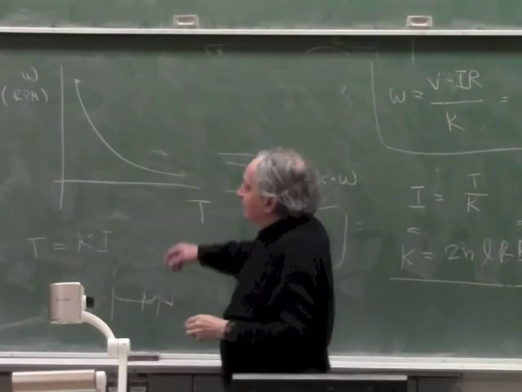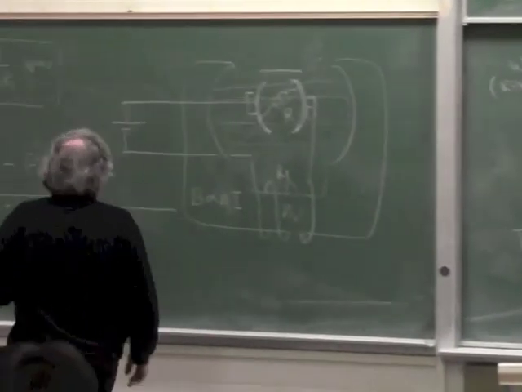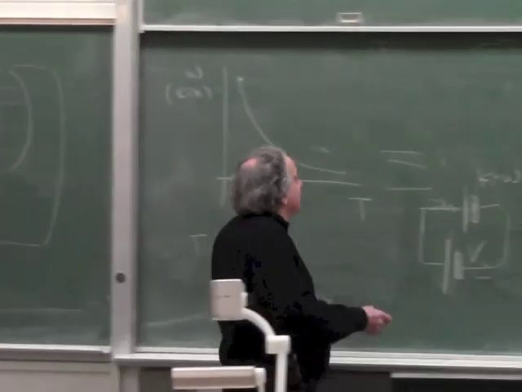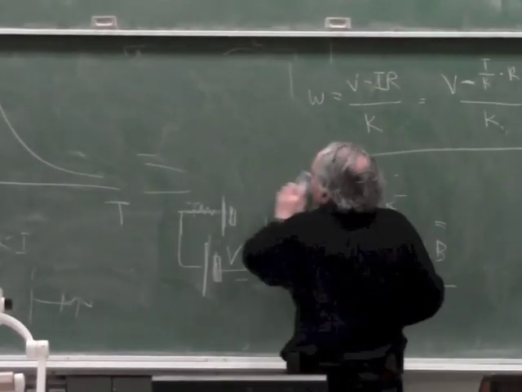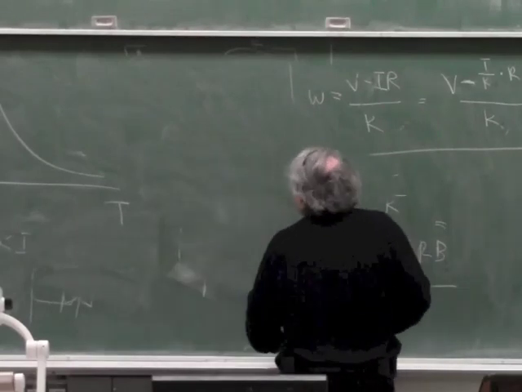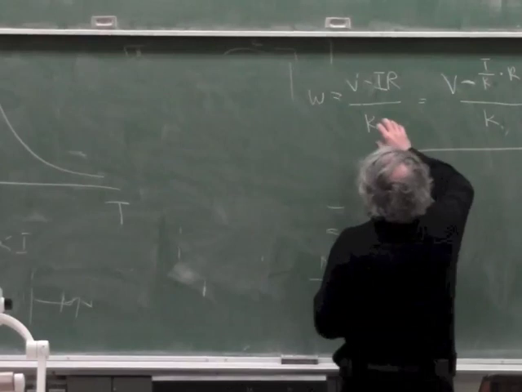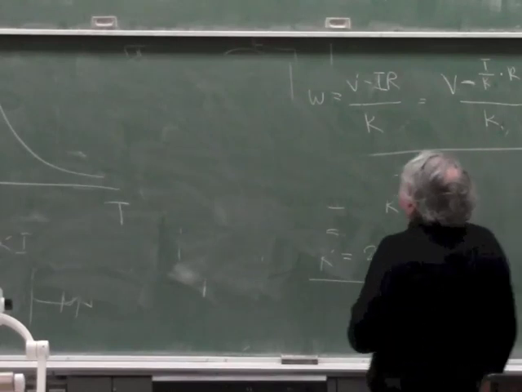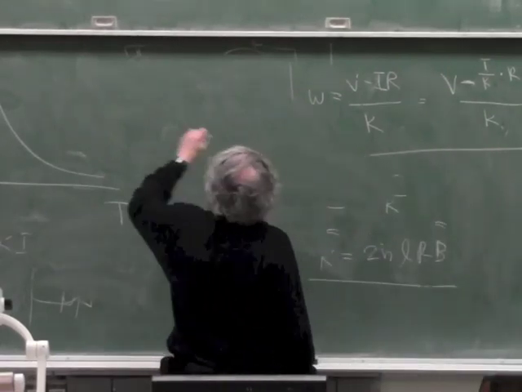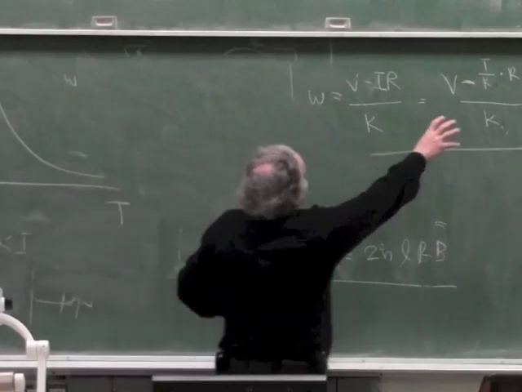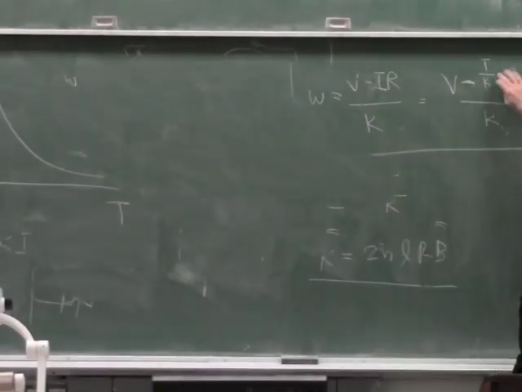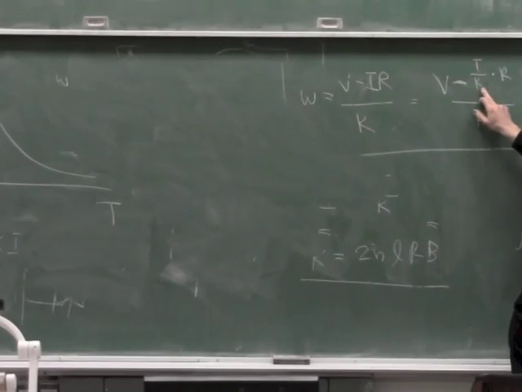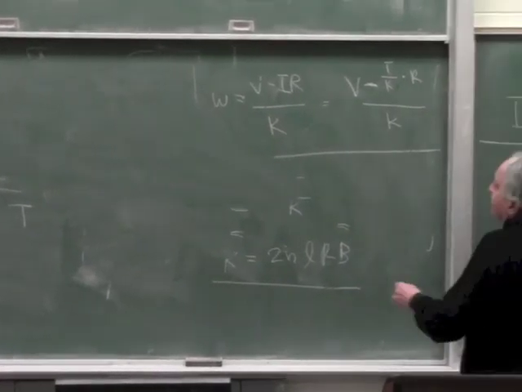If you derive the equation, you'll get this. Now, if you want to derive the equation, it's very simple. All you have to do is substitute, instead of a constant K, K as a function of current. The original equation is here: omega is the voltage minus T over K times R, divided by K. But now, instead of K, you put in a K which is a function of current.